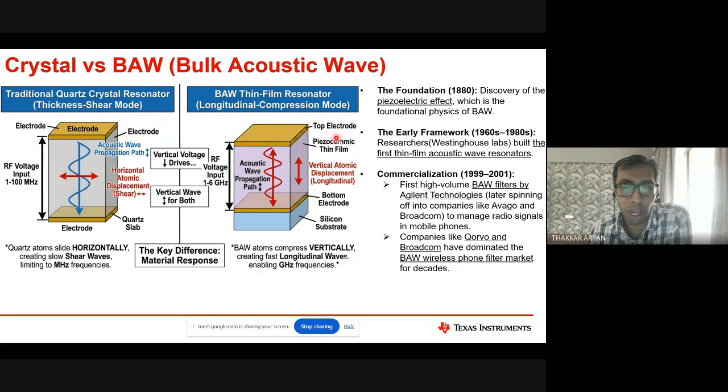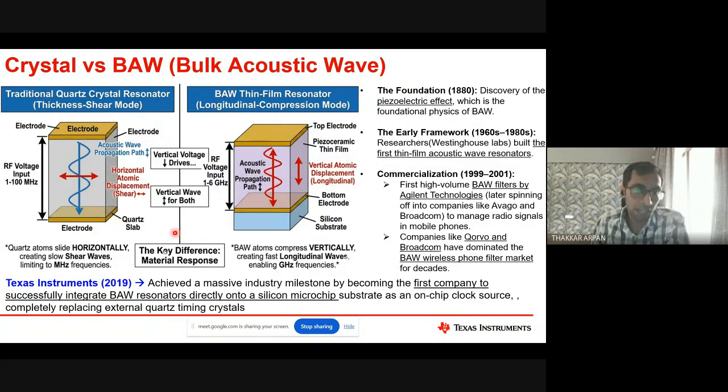It cannot have phase noise or skirt remaining of this clock, right? So the output signal should be contained. For that, these filters were used, and that was the use by companies like Qorvo and Broadcom for the phone market. They were famous for the phone market, this Bohr application.